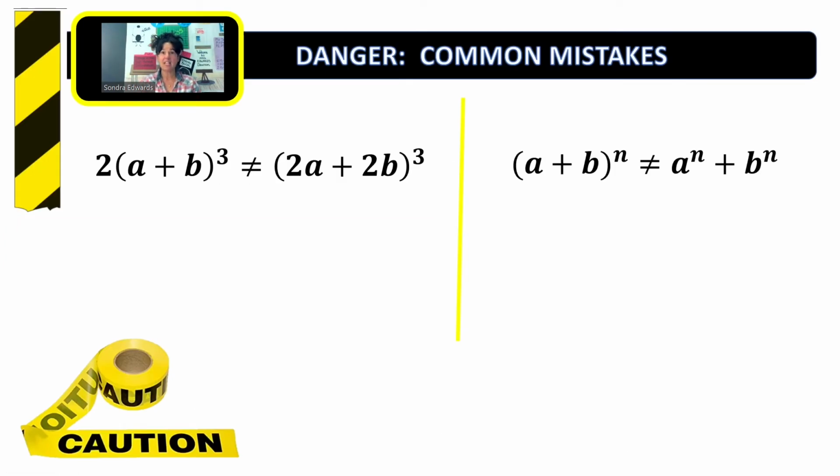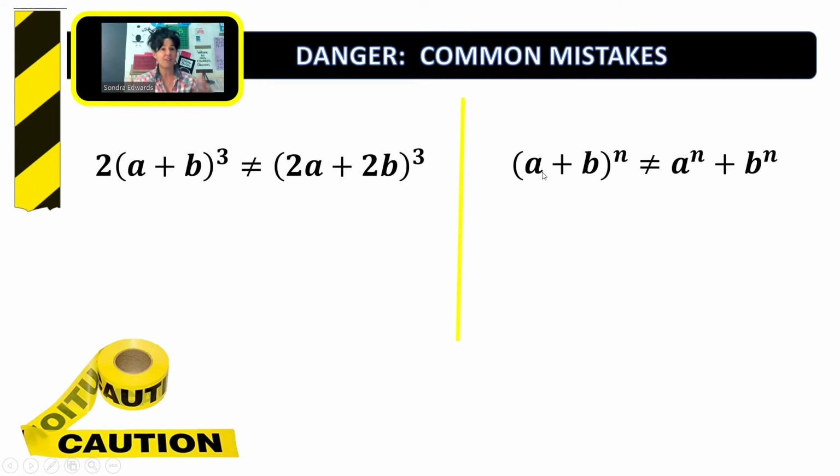Before we solve some of these exponential equations, I want to point out some of the common mistakes. Quickly there, if we have a 2 in front of a plus b to the third power, you cannot distribute a number through because we want exponents to come before multiplication. So never distribute a number through a set of parentheses when there's an exponent on it. The other one is there's no such thing as distributing an exponent over addition.